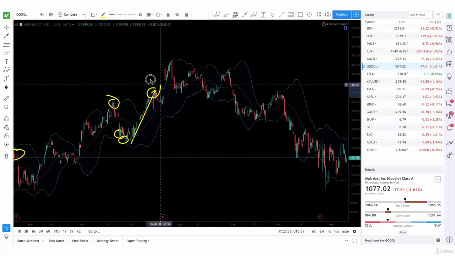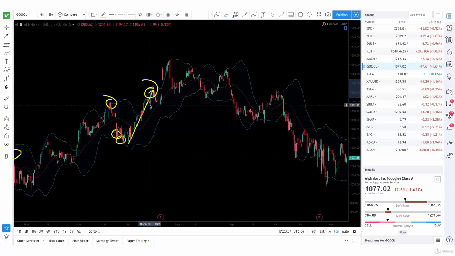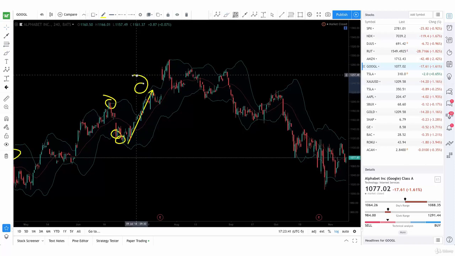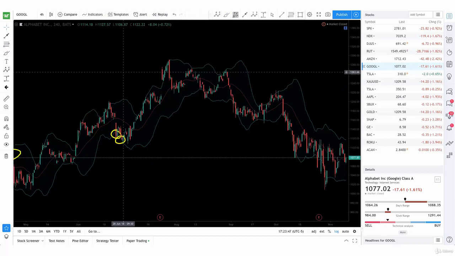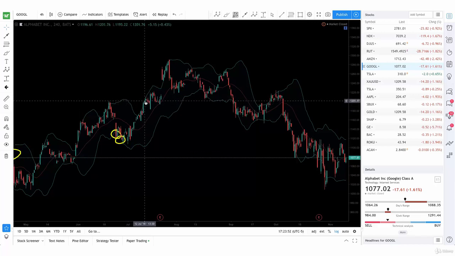Okay. Right here. Now you want to use this carefully as well, because even if it's going up all the way here, you can see that even when we touch this, we actually keep rising here.